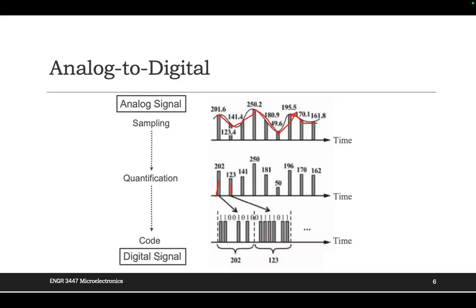So we need to transfer it to digital. Like 200, or this is 202, we transfer it to the binary number, this one. And 100, like 23, we convert it to the binary number, this one. And then we give these binary numbers to the microcontroller.